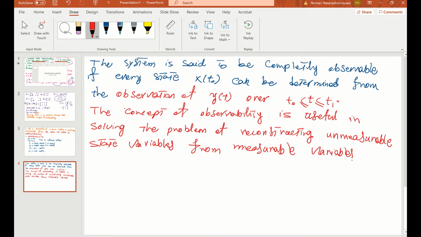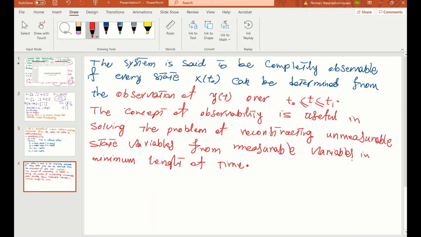So variables in minimum lengths of time.